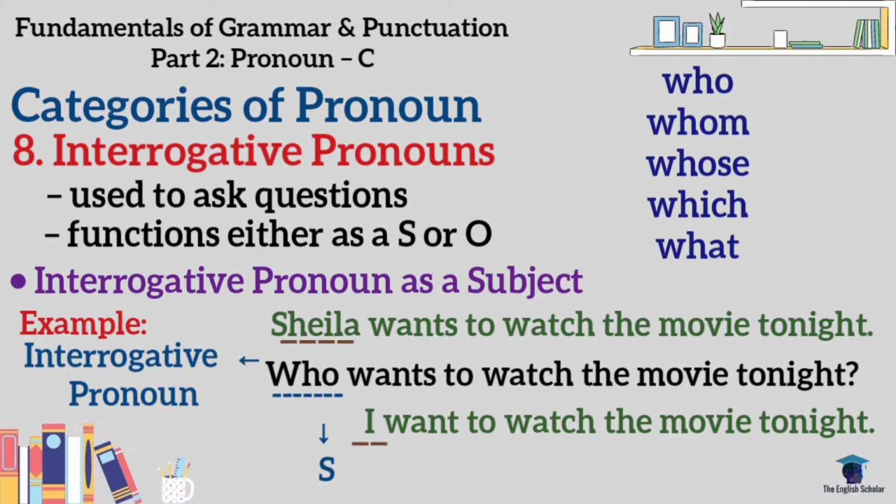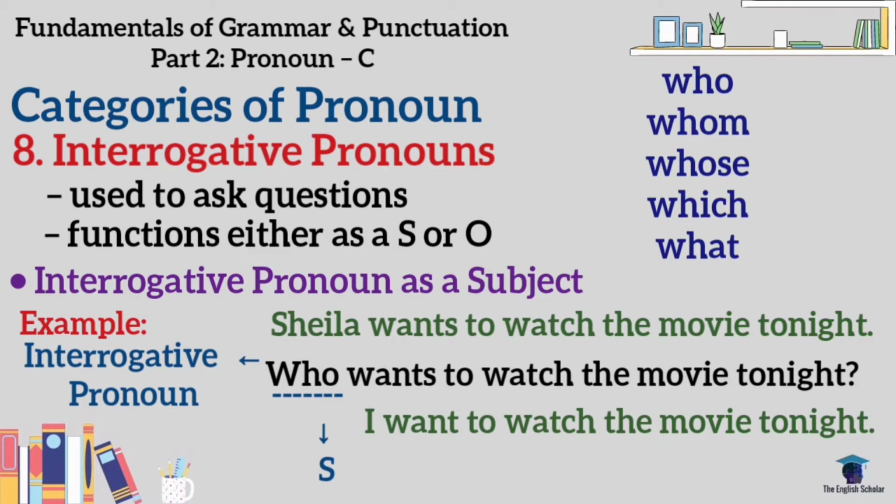If you examine the answer sentences, I or Sheila answer the question, who is the sentence about? Meaning, I and Sheila are our subjects. When we turn the sentences into a question, who wants to watch the movie tonight? I and Sheila have been replaced by who. Knowing the function of interrogative pronouns, we therefore know that who is the subject.